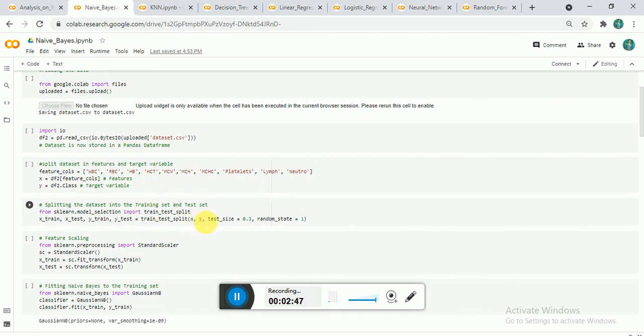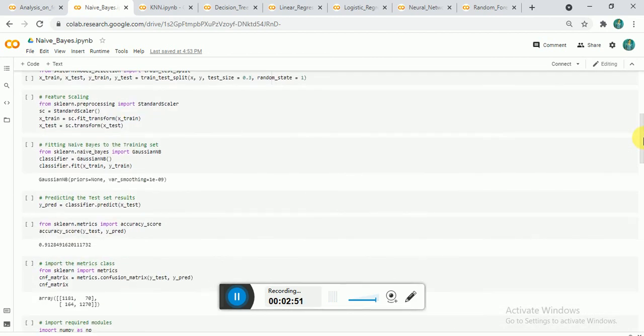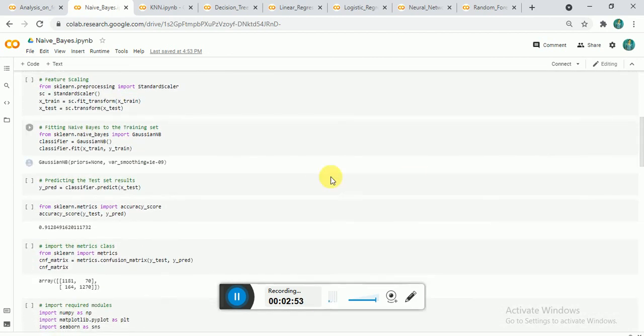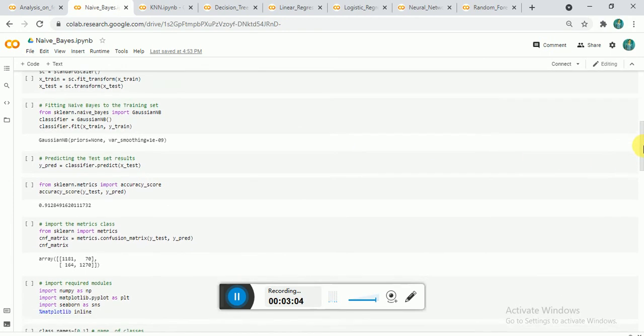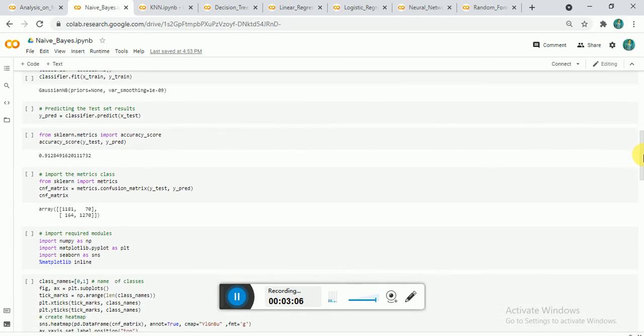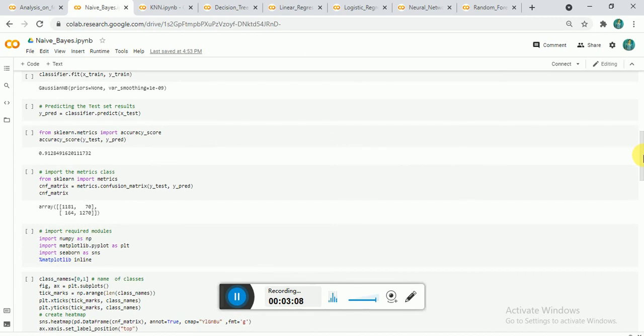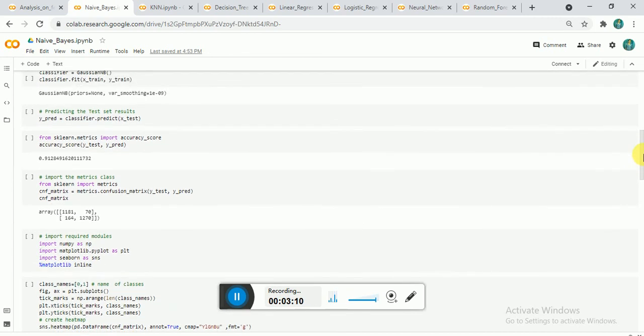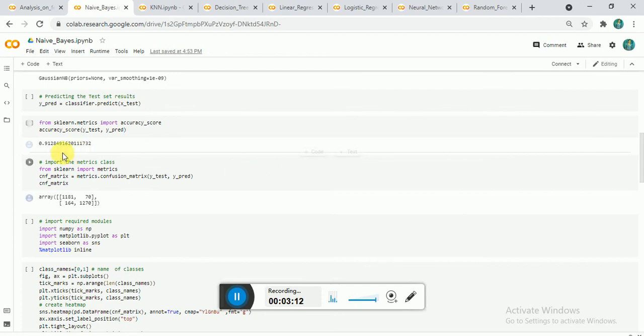Then I split the dataset into 70:30 ratios. Then I built the model to train the classifier on the 70% dataset. Then I used the 30% dataset for the prediction. So the total accuracy of the naive-Bayes classifier is 91%.